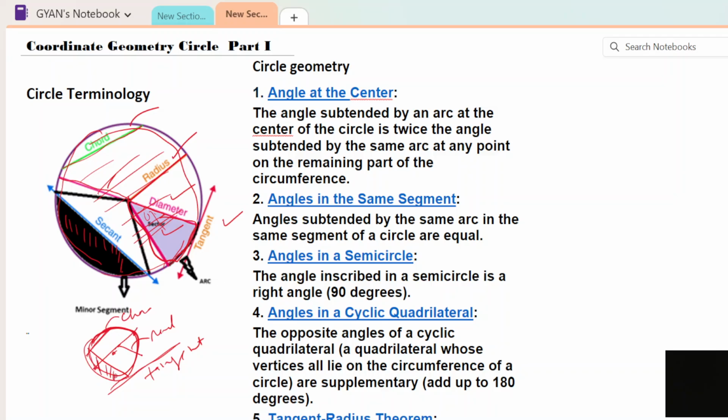This is called the minor segment. So this will be the major segment. This one is called a sector. Any line that passes through the circle is called a secant.